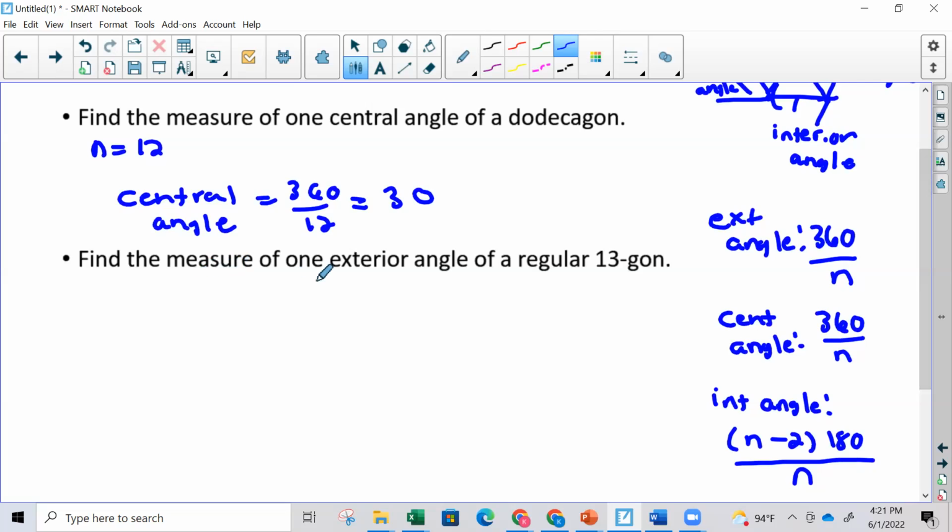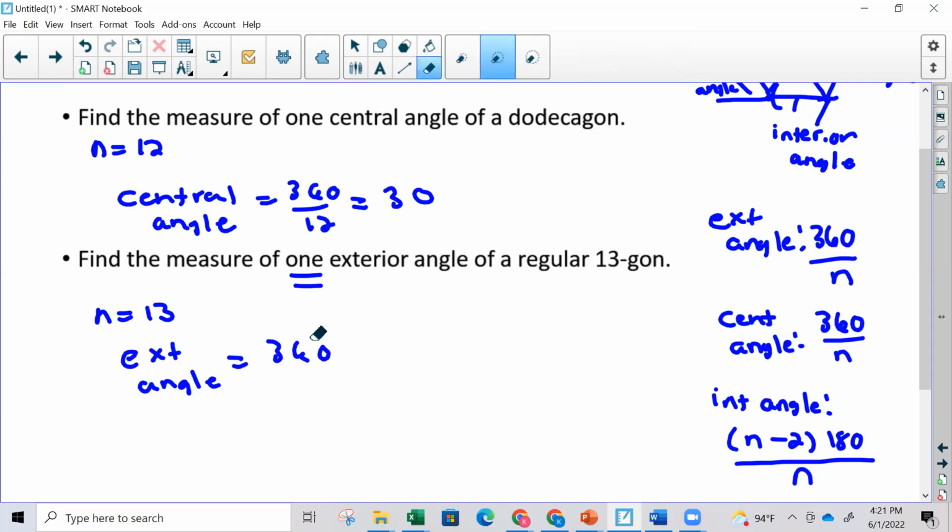The second one says find the measure of one exterior angle of a regular 13-gon. So n is 13. For one exterior angle, it's the same formula, 360 divided by n.